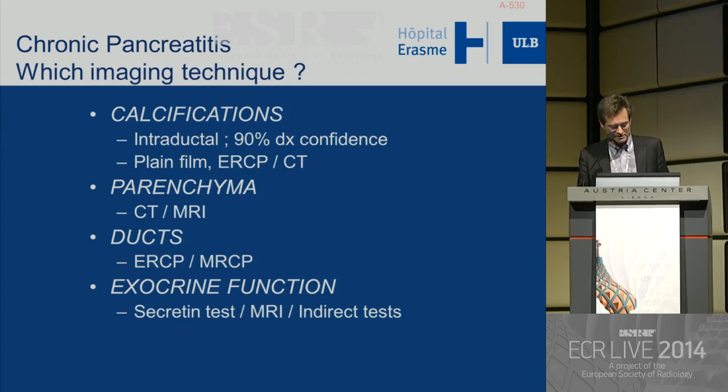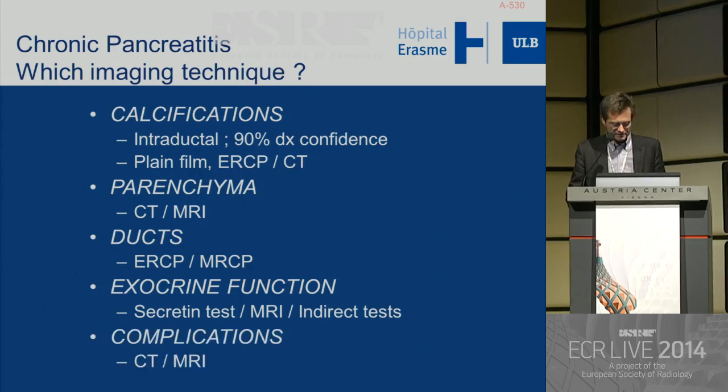For this, you may use indirect tests, which are not very good for that. You may use the secretin test, which is quite invasive, and MRI, again, may be used to address the secretion, not exactly the function, because you cannot measure bicarbonate with this technique. And finally, complications, which is probably the most important goal when using imaging for this kind of disease, may be addressed again by either CT or MRI.